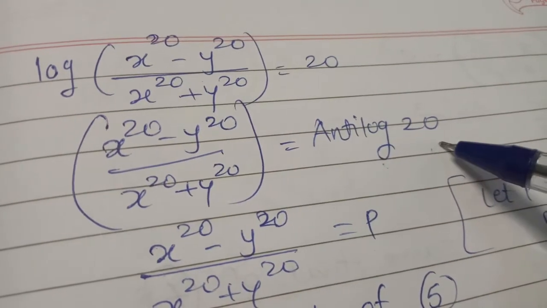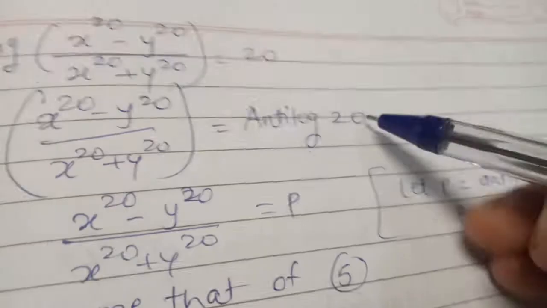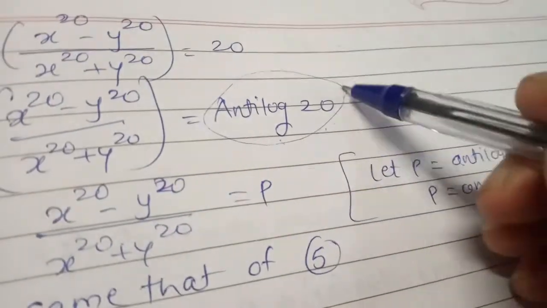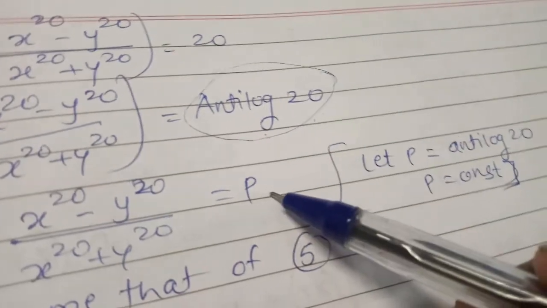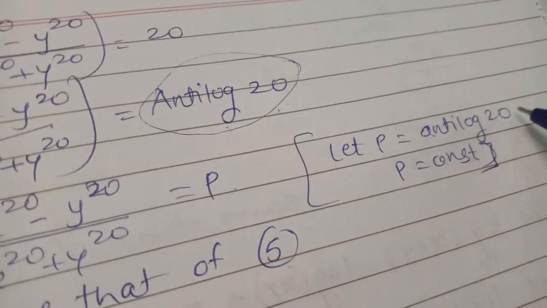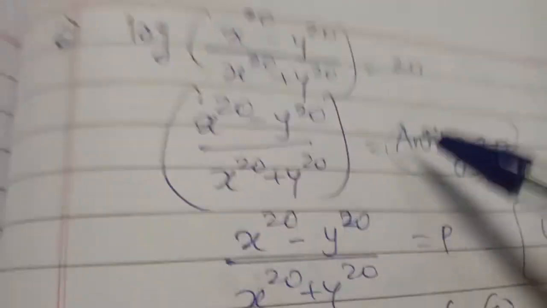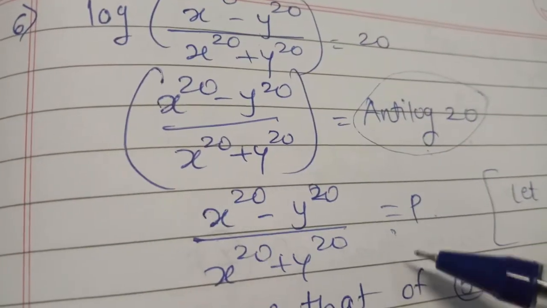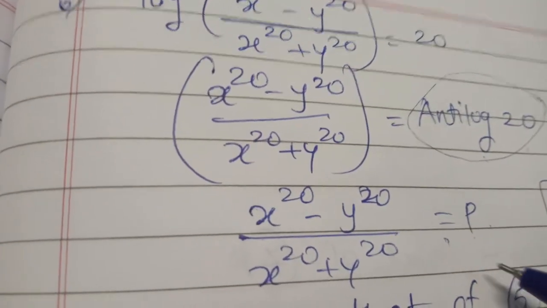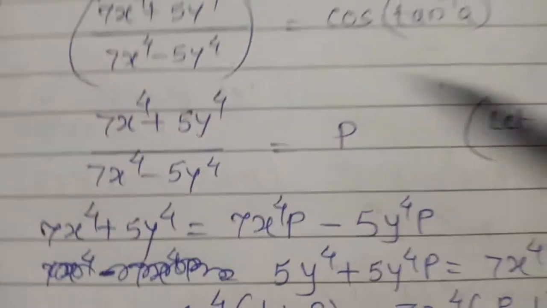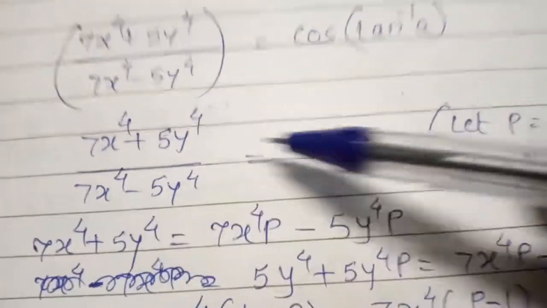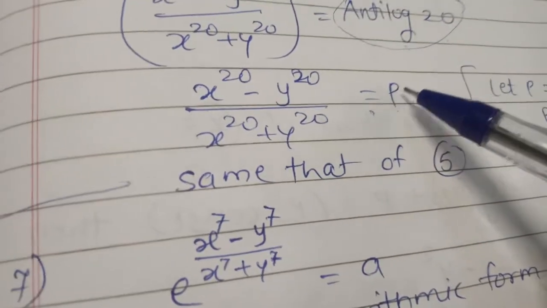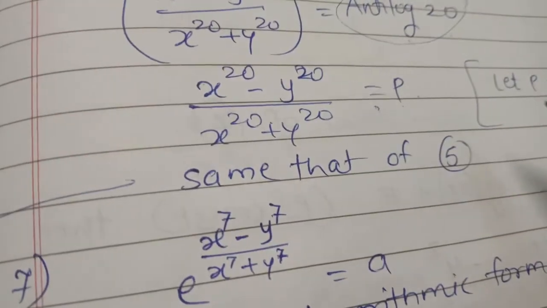So anti-log of 20. This total is a constant. For this constant we take one letter, that is p. So p is equal to anti-log 20, and p is the constant. The remaining steps we can solve as in example 5. See what we did in example 5. You multiply with this one, similarly here you multiply with this one, and you can solve the remaining steps like question number 5.